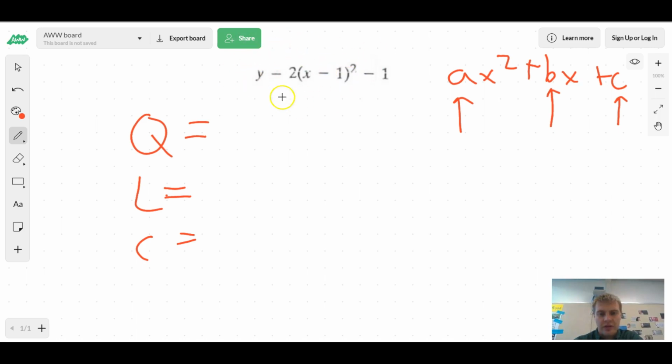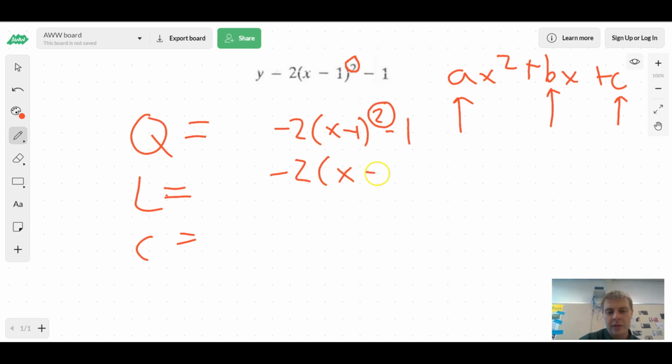So we need to put it in the correct form because it's in vertex form. To do that, we need to deal with that squared number. So we would write -2(x minus 1) squared minus 1. We would square this thing, which means we'd have -2(x minus 1)(x minus 1) minus 1.